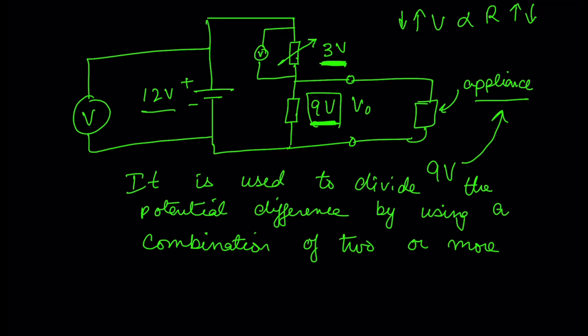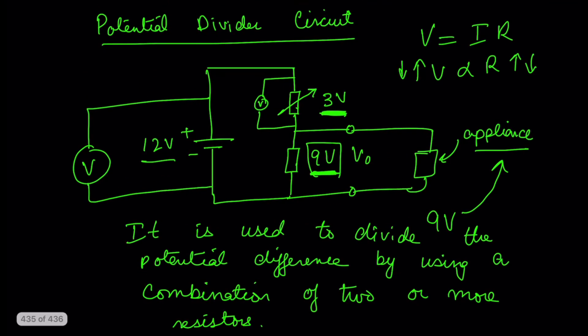In most cases, there are two resistors. Alright, so that's how the potential divider circuit splits or divides the voltage according to our required conditions.